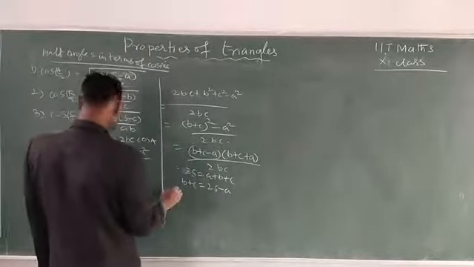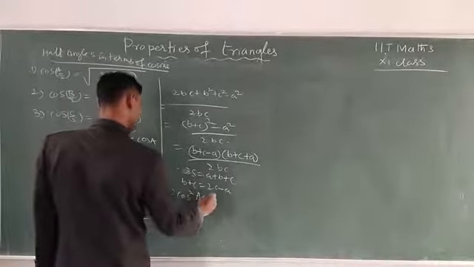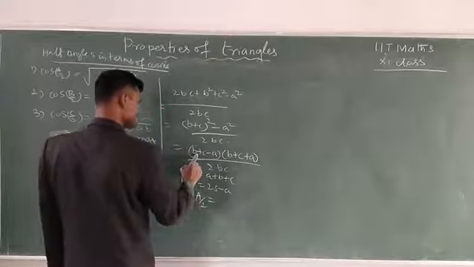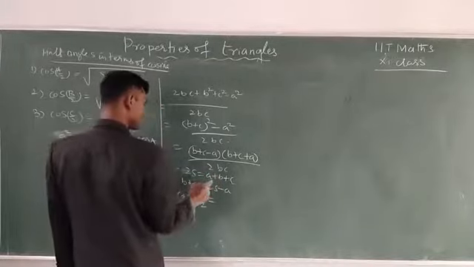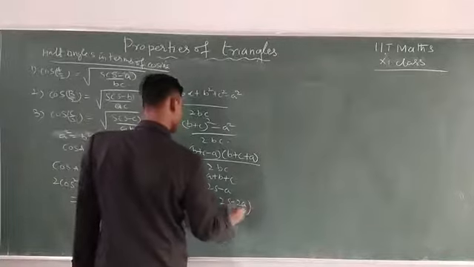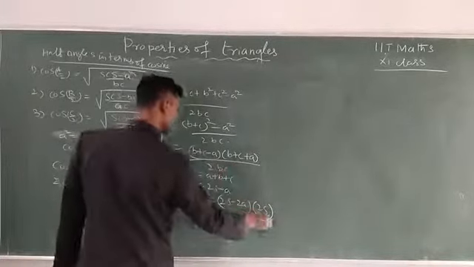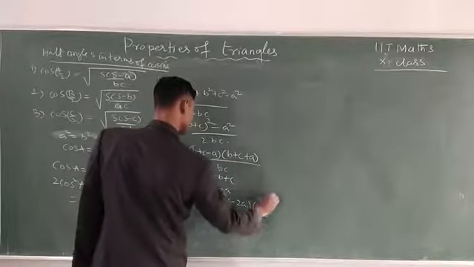Now you can substitute: 2 cos square A by 2 is equal to, instead of b plus c write 2s minus a, into, instead of a plus b plus c write 2s, by 2bc.